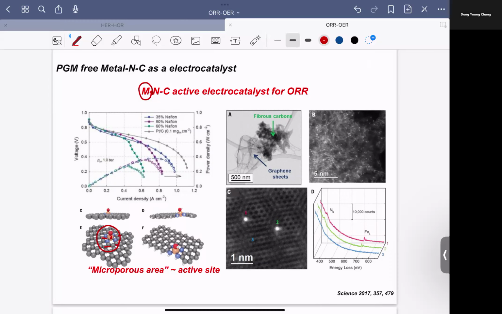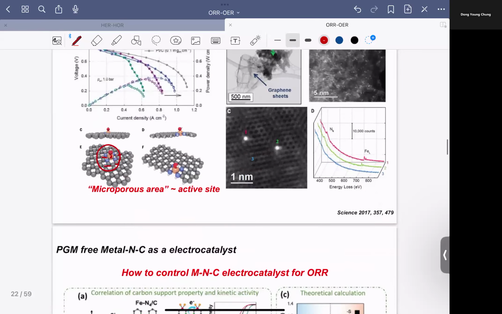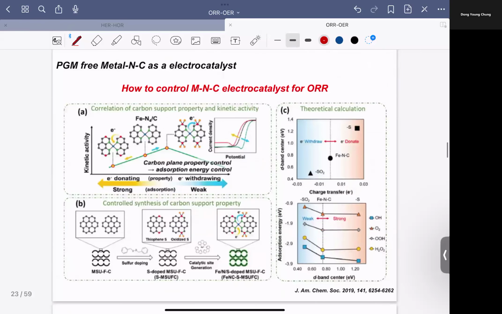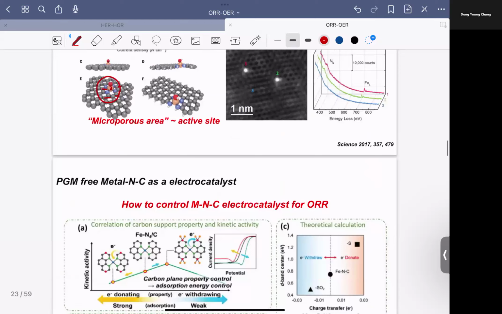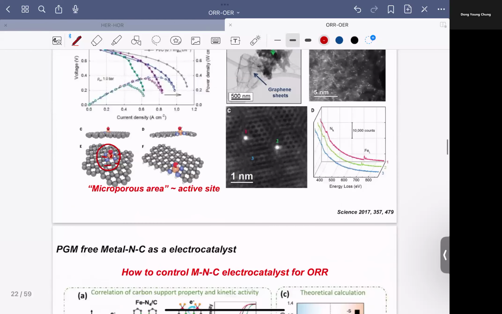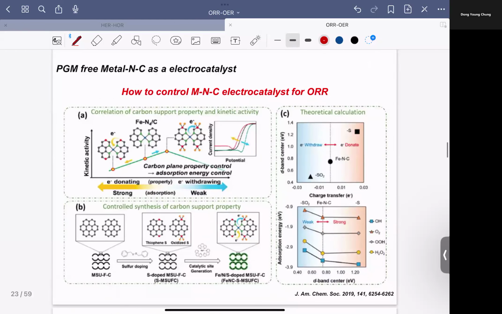And it shows relatively good activity, and not surprisingly, a lot of research has been focused on how to develop electrocatalysis with good activity compared to platinum, right? So there are lots of design principles. I do not want to discuss in detail, but recently people would like to control not only the metal itself, but people are also aware that controlling the nitrogen is also very important to control the overall activity, right?